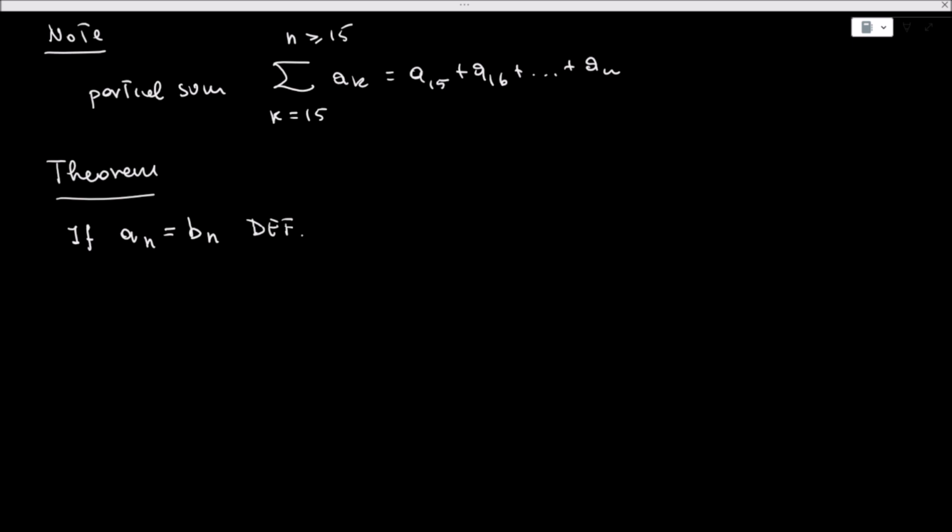Now if this is the case, we can conclude that the sum of ak and the sum of bk, so basically the two series that are built on top of these two sequences, have the same behavior.